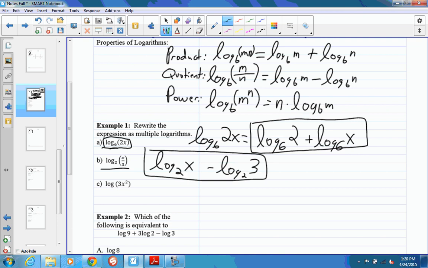There's really no order, but I've got a power property because I have an exponent, and a product property because I have 3 times x squared. So here's the deal. Split up your products first, and then deal with your power. If I split these up, I have log of 3 plus log of x squared.